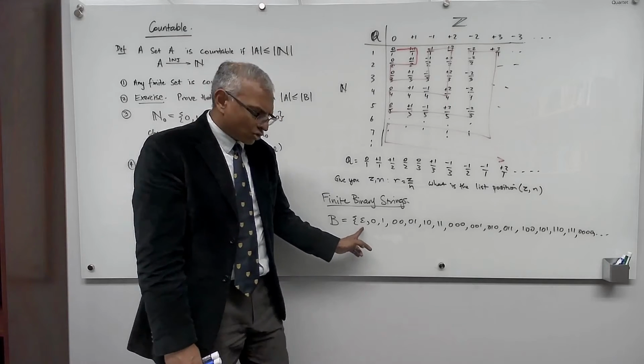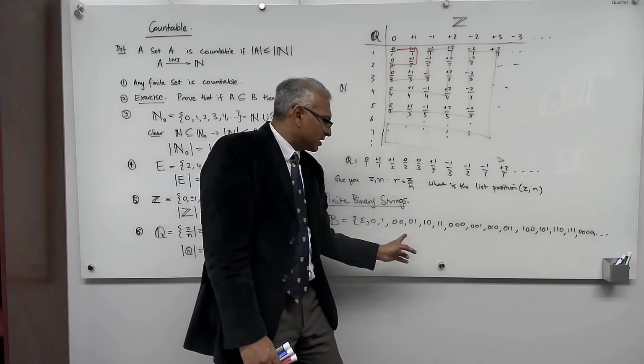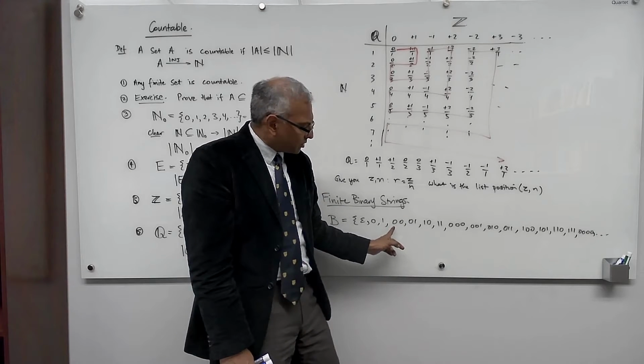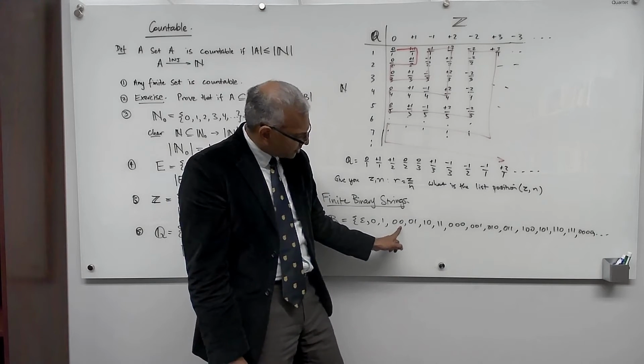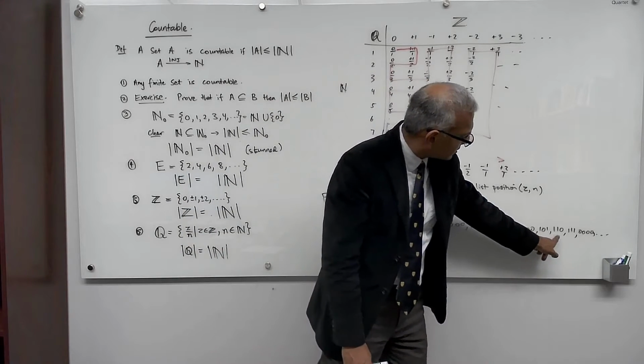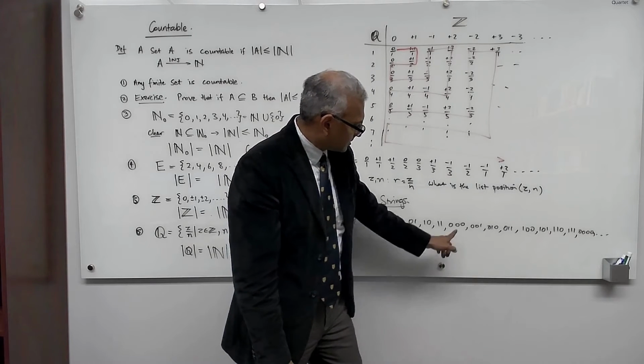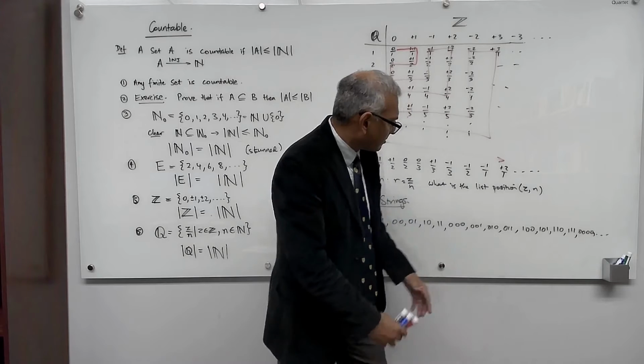I'm starting with the shortest, and then gradually increasing the length. Within a particular length, I list them in order of increasing value. So this value is 0, then 1, then 2, then 3.